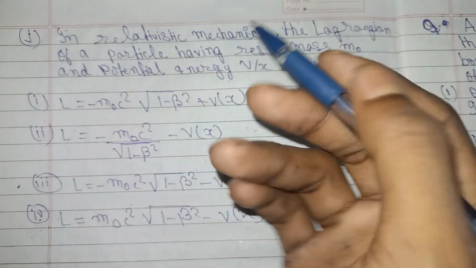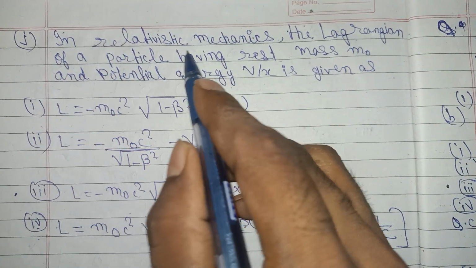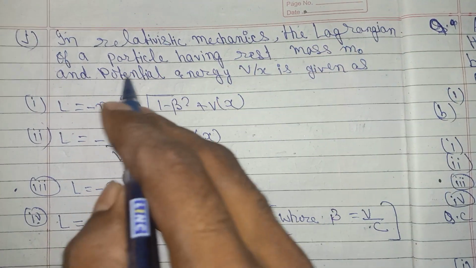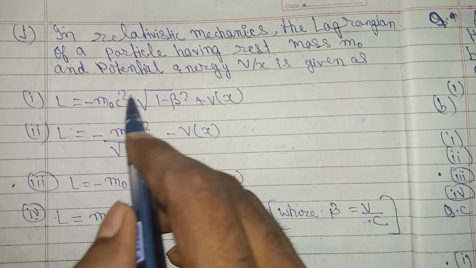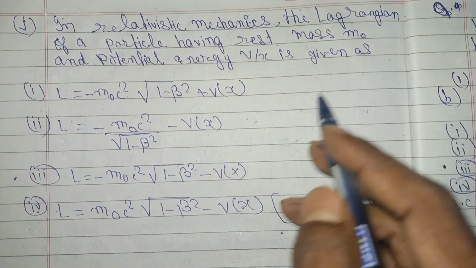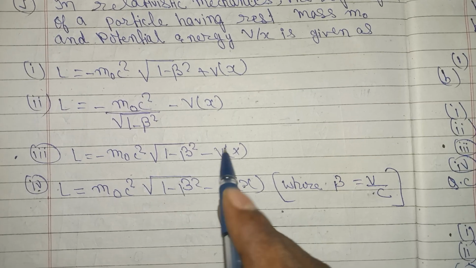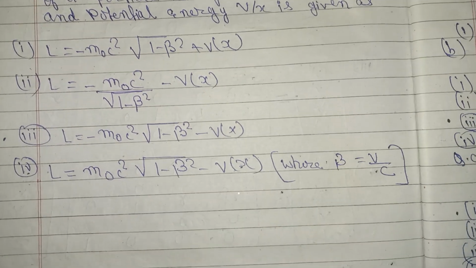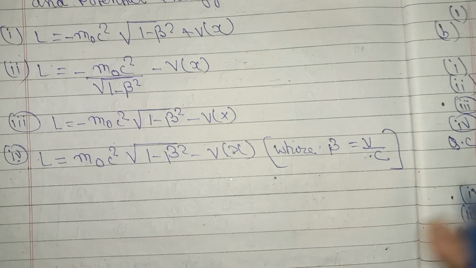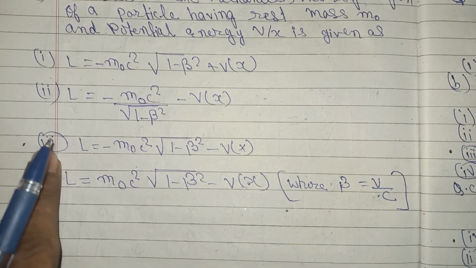Question number 10, in relativistic mechanics the Lagrangian of a particle of rest mass m0 and potential energy V(x) is given as L equals minus m0 c square under root 1 minus beta square minus V(x), where beta equals v by c, so this is the correct option.